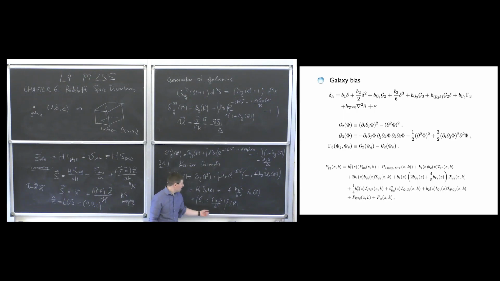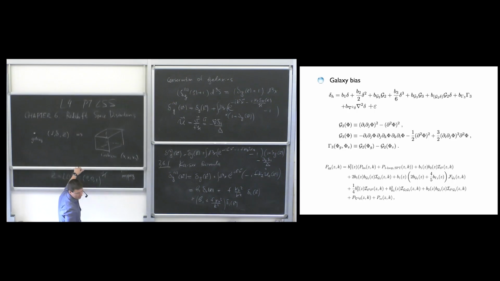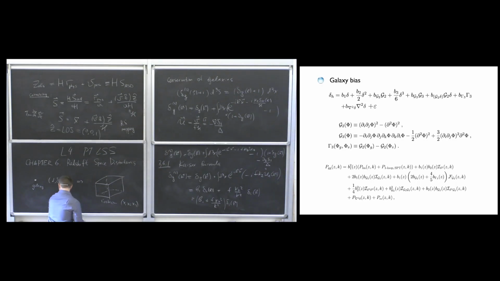And the amount of enhancement is precisely proportional to the logarithmic growth factor. So this enhancement is known as the Kaiser effect.